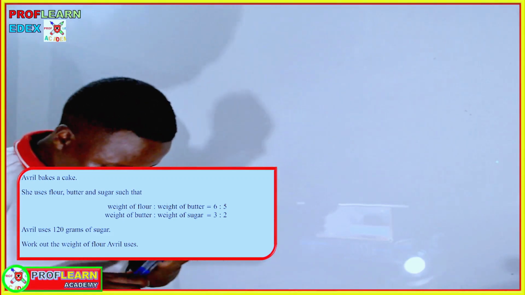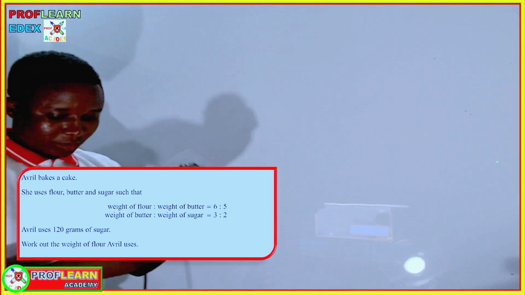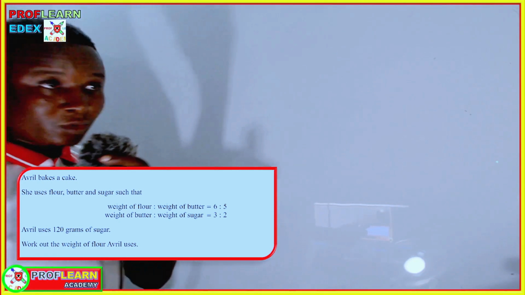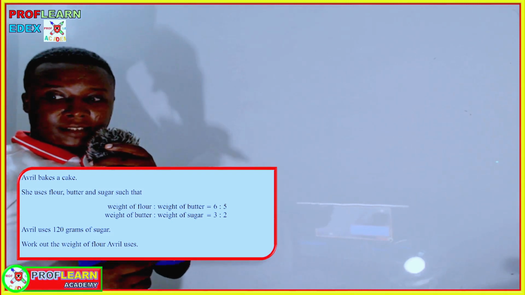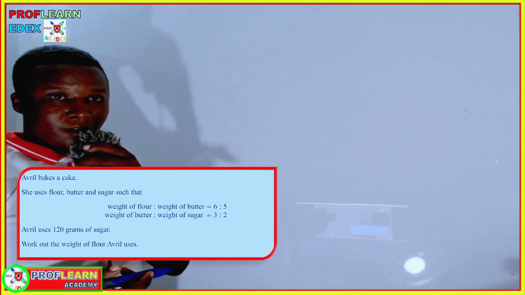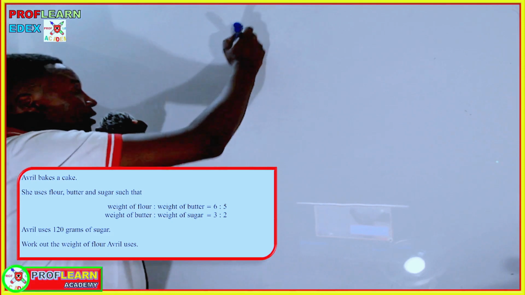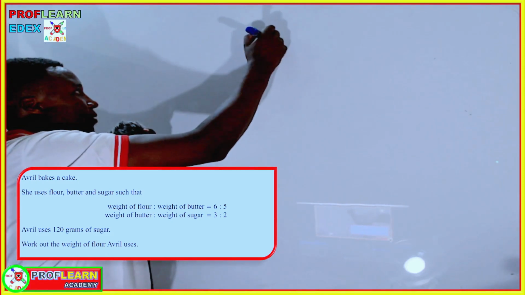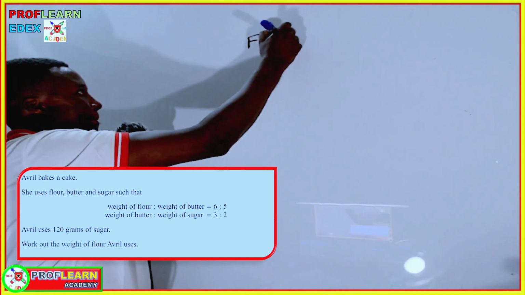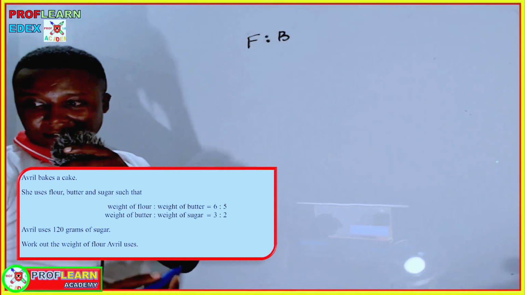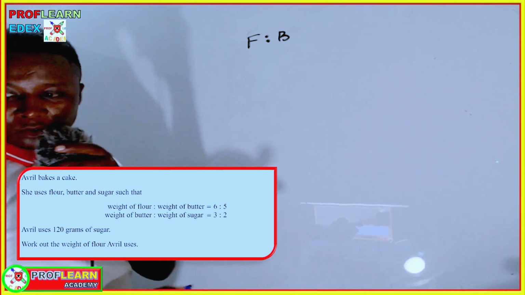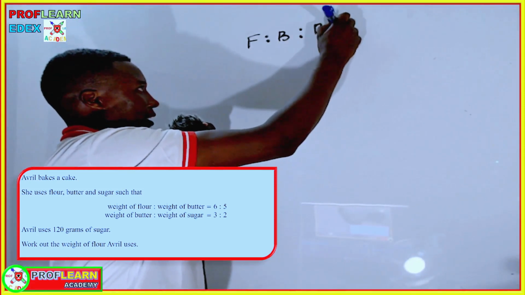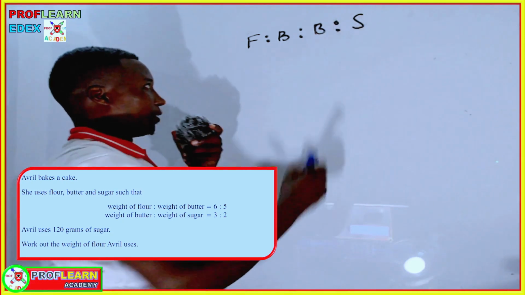Now, in order to work out this question, something that we need to do is to write the ratio flour to butter. The second component we have is also butter to sugar, so we are going to say butter again to sugar.